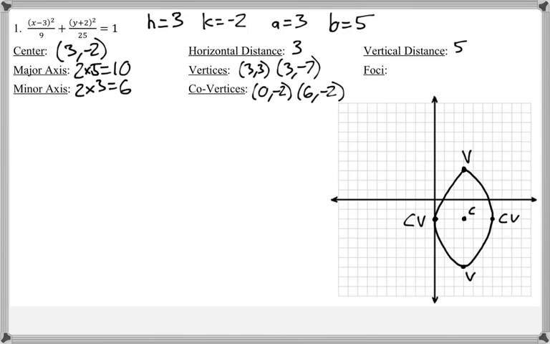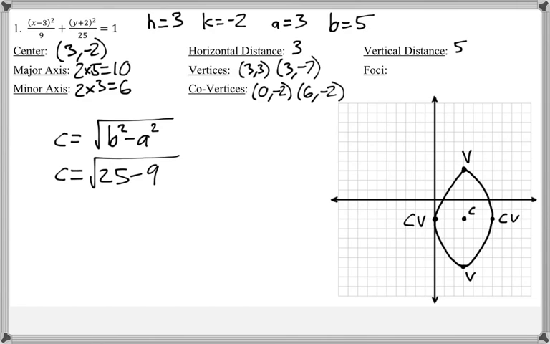So lastly, I need to find my foci. So I'm going to use the formula c is equal to the square root of b squared minus a squared. And I'm doing this because the major axis is vertical. So c is equal to the square root of 25 minus 9, or c is equal to the square root of 16, or c is equal to 4.